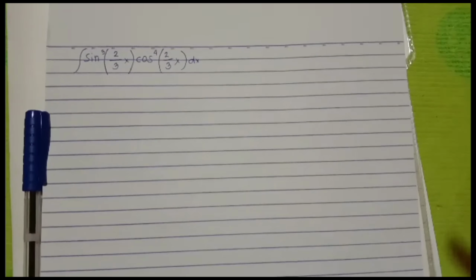So, d over dx of 2/3 x. Since 2/3 is constant with respect to x, the derivative of 2/3 x with respect to x is 2/3 times d over dx of x.